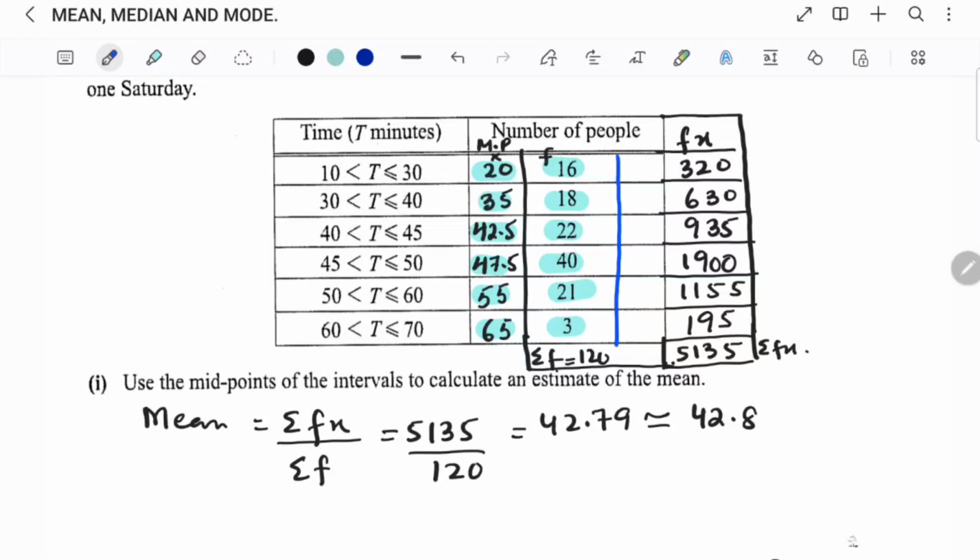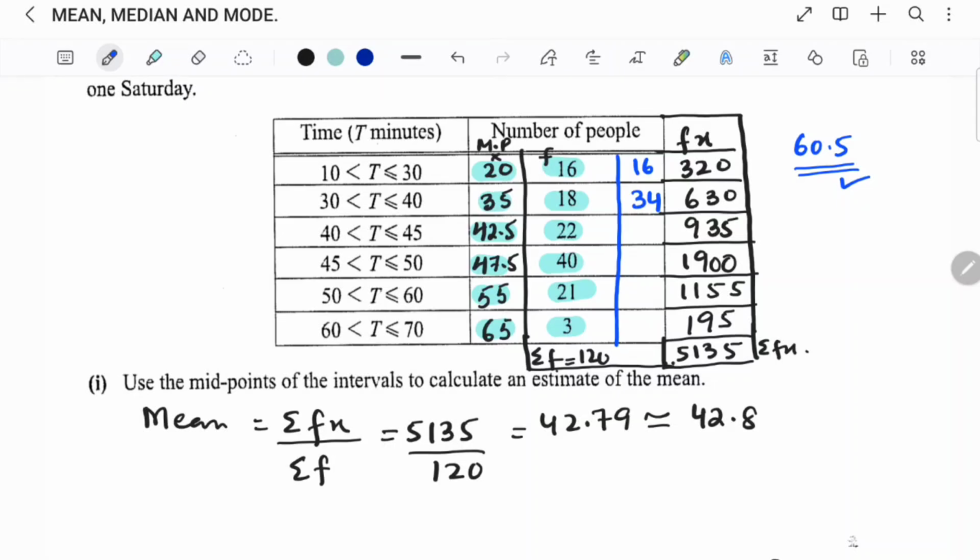This is the number we have to look for in the data, to see which range of time in minutes it falls in. The first one is 16. I'm adding frequencies, remember, and I have to stop at 60.5. 16 plus 18 is equal to 34. We have to stop at 60.5.